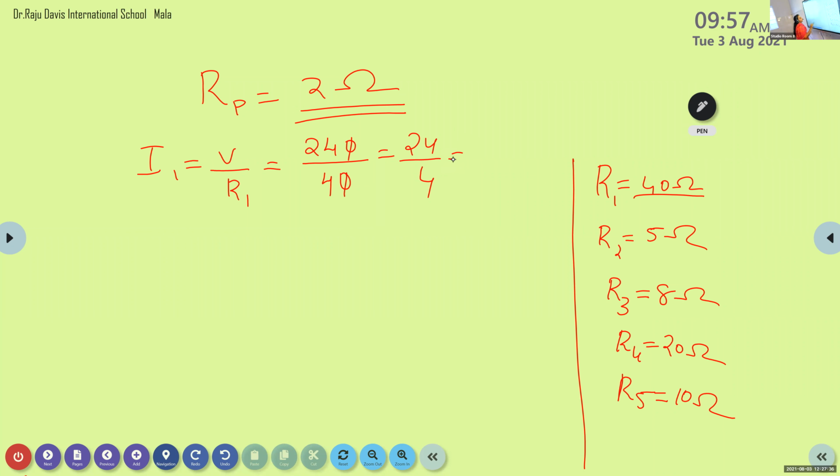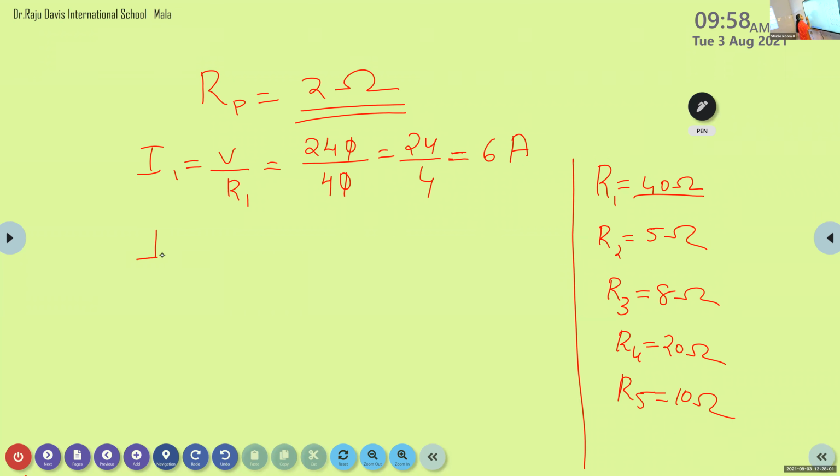What is 24 by 4? 6 ampere. That is the current through the first resistor R1, 6 ampere.